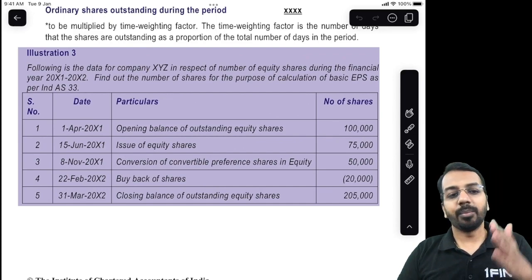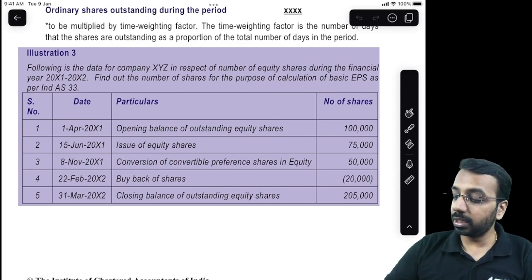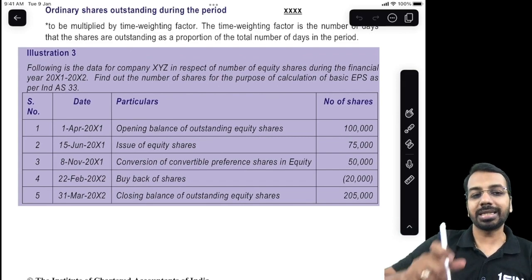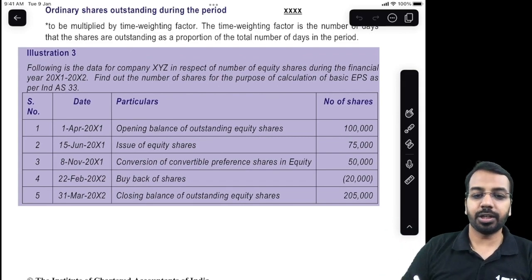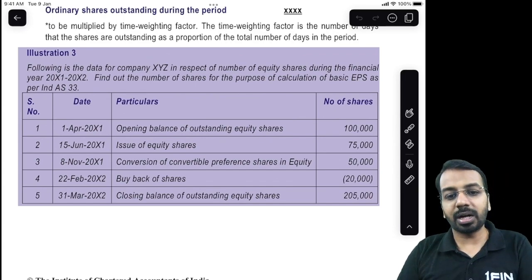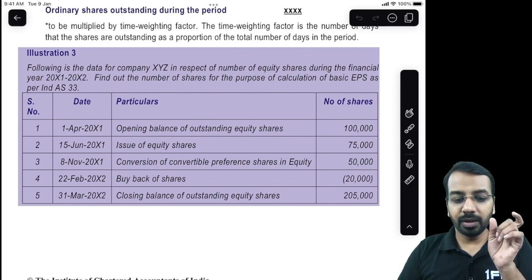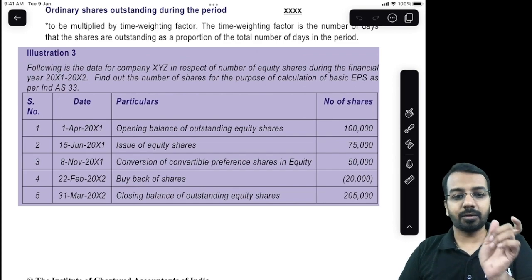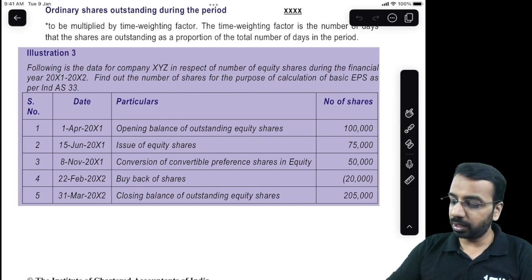Because of that, you don't take only the closing balance, you calculate the weighted average number of equity shares, or ordinary shares. Because they have been issued at different points in time, we calculate time-based weights and do the working.